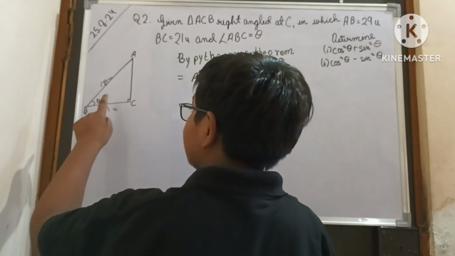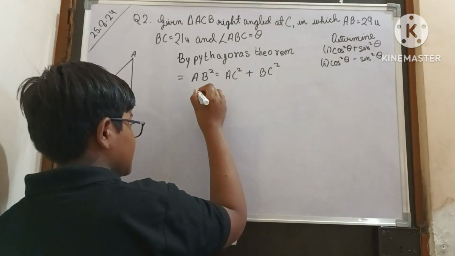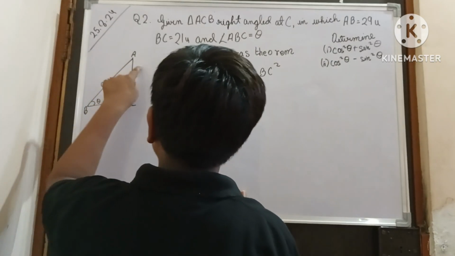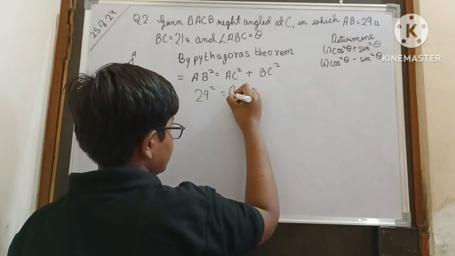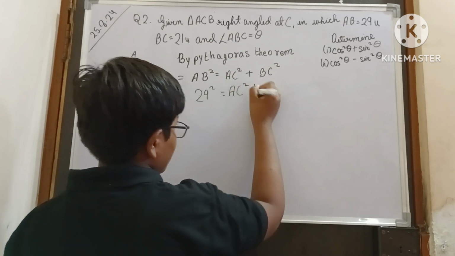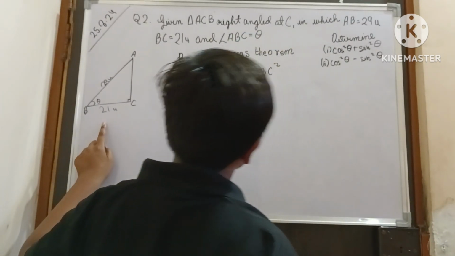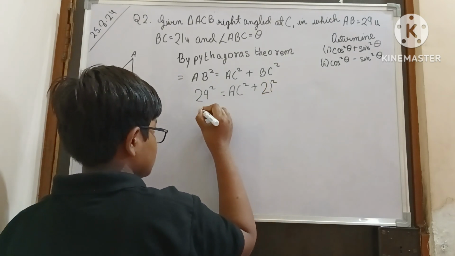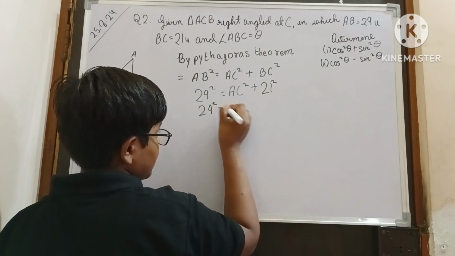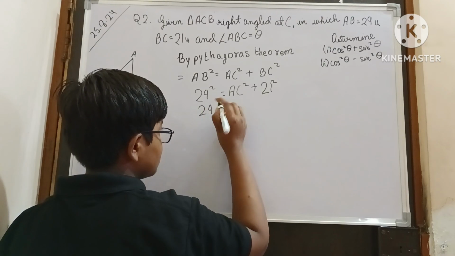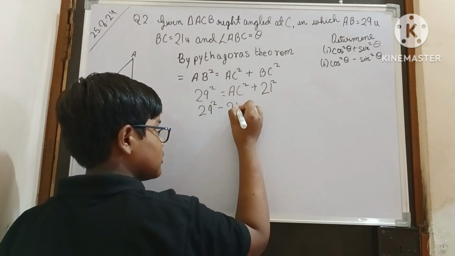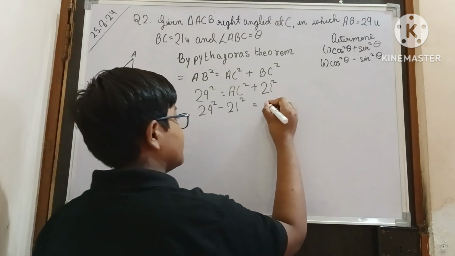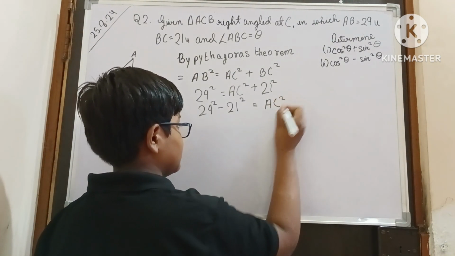Now we have the value of AB as 29 units, so we will write 29 square is equal to AC square, which has no value, so we will leave it written, and BC has 21 units, so we will write here 21 square. So we will transfer it here. It will become minus and it will give the value of AC square.